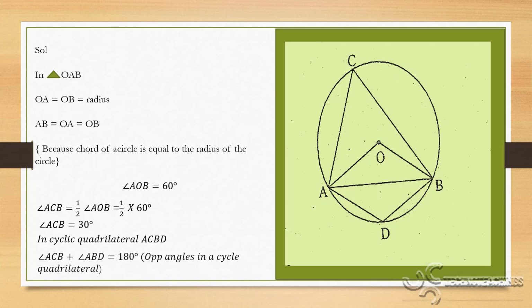Now in cyclic quadrilateral ACBD, angle ACB plus angle ADB should be equal to 180 degrees, which are the opposite angles in a cyclic quadrilateral.